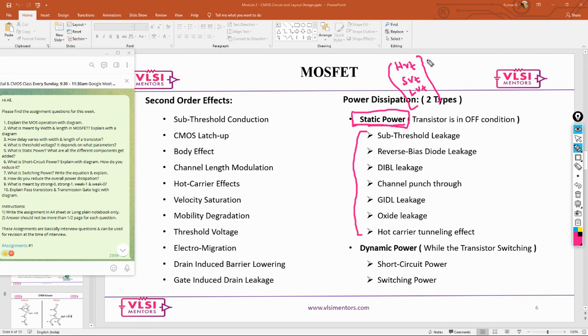So this is something like multi-VT libraries. Though we talk about static power, how would you reduce your overall static power, basically your leakage? For that, you would definitely need multi-VT libraries.